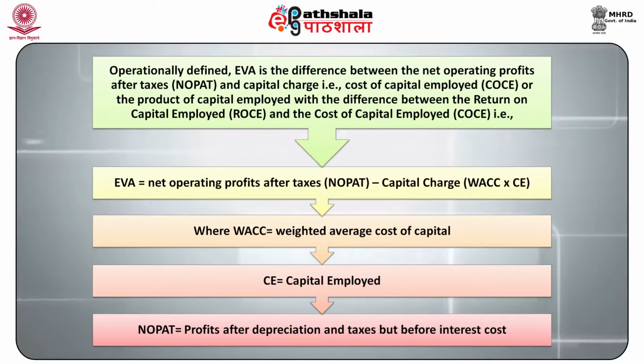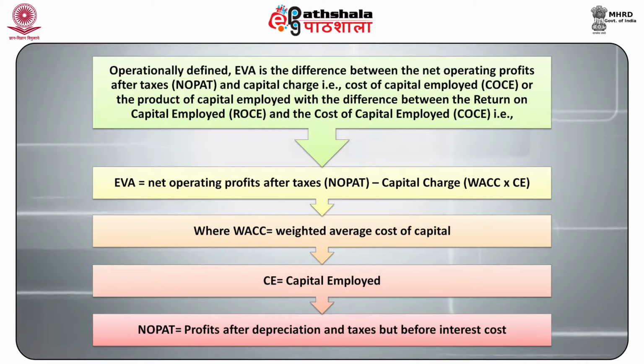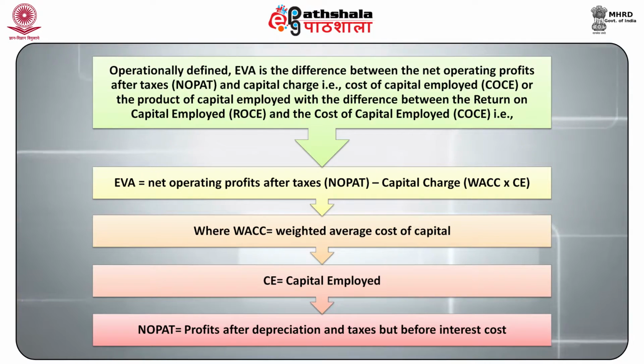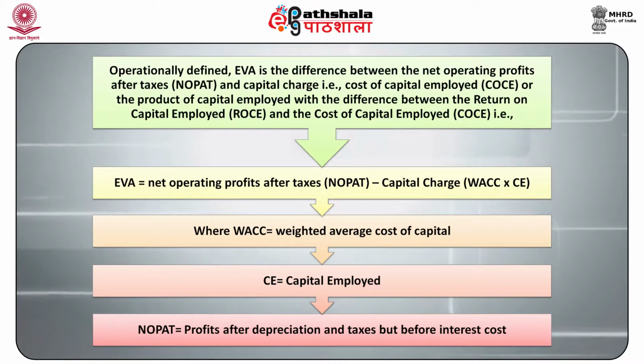Therefore, EVA is equal to NOPAT minus capital charge, where capital charge is equal to WACC multiplied by CE, and WACC is equal to weighted average cost of capital. CE stands for capital employed.